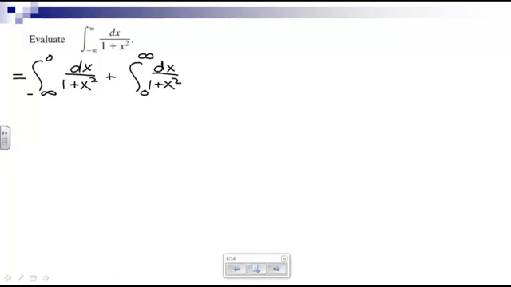And then of course you have the limit as a approaches negative infinity. Everyone should have this written on their paper by now, right? Yep.